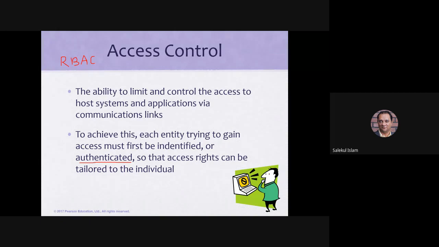If you log in using my username and password, you will find more tabs, because in my role I have access to more services. So that is one kind of access control. RBAC, or role-based access control, is a popular way to provide access control. There are some other methods, but this is very popular.